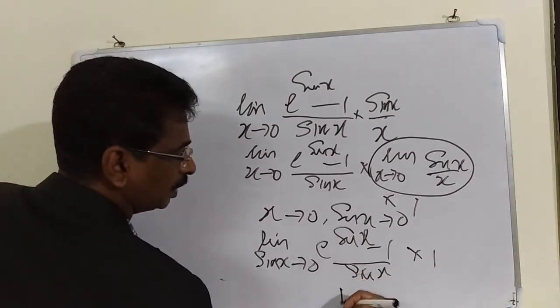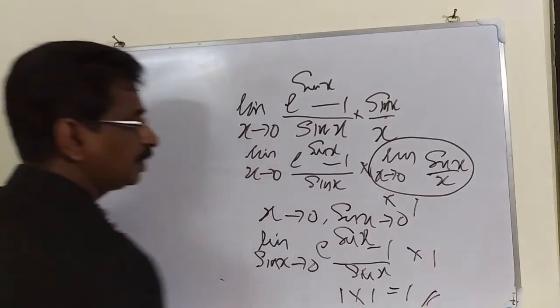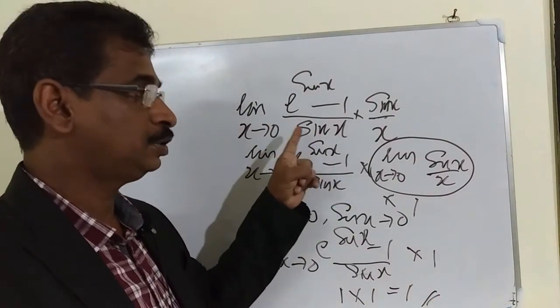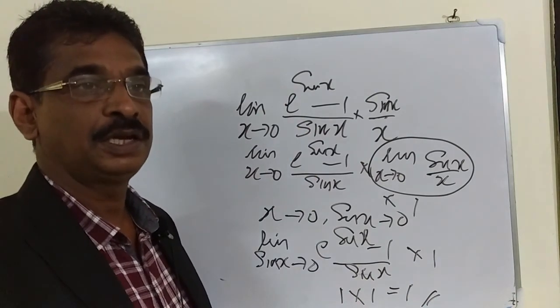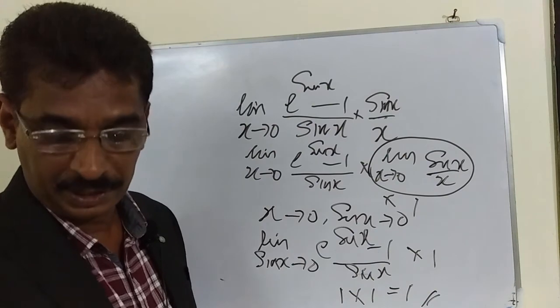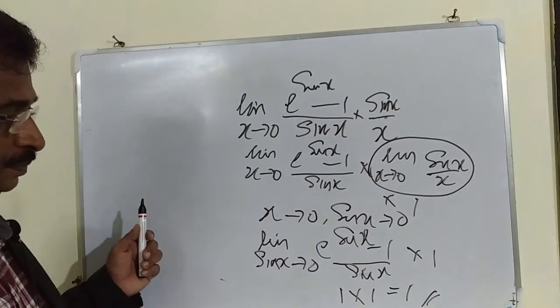So this part's answer is 1, and 1 into 1 is equal to 1. That is our answer. So the limit of (e raised to sin x minus 1) by x as x tends to 0 is 1. The answer is 1.